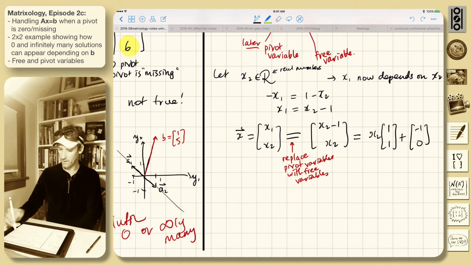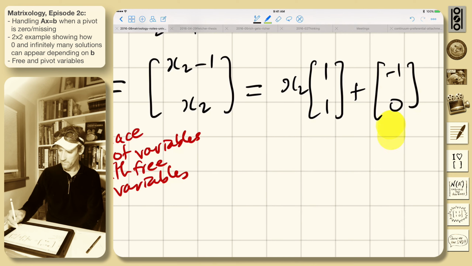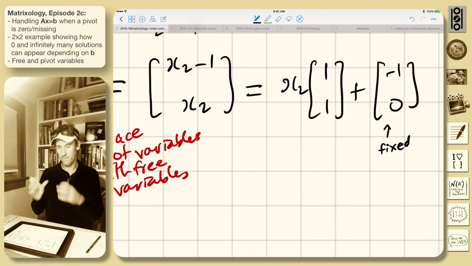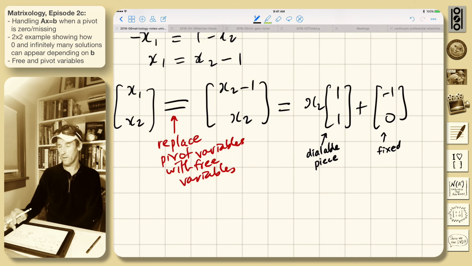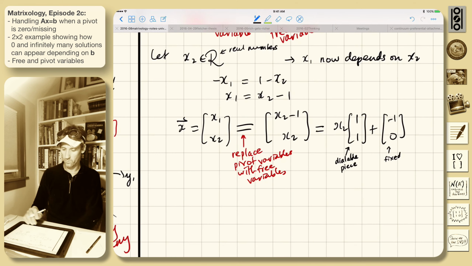There's a fixed, some fixed vector. It's an important one. And then this is something that moves around on top, so this is sort of a dialable piece. The fixed one is very important.